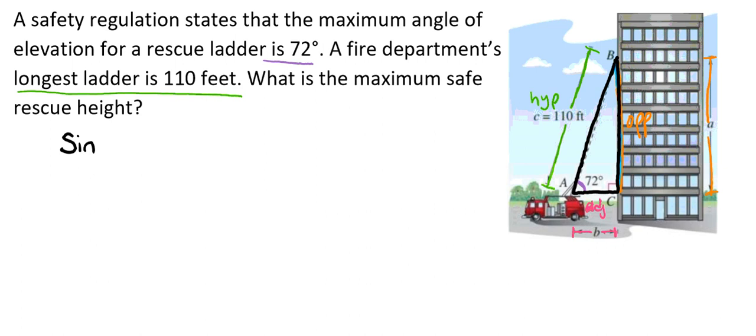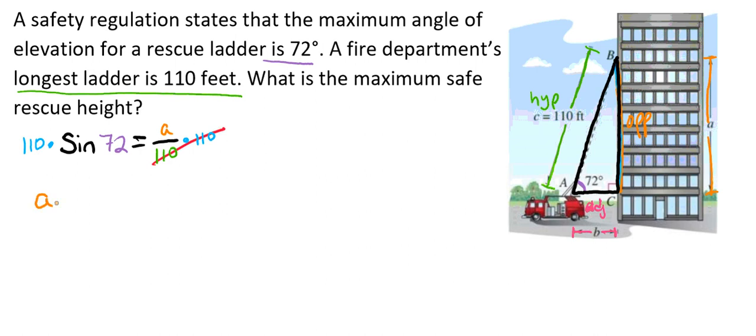So the sine of 72 degrees equals our opposite, which we don't know, so we'll call that side A, over our hypotenuse, 110. To solve, we're going to multiply both sides by 110, which allows us to cancel out those 110s.